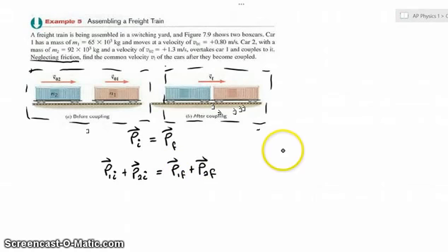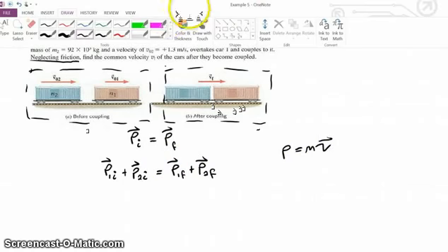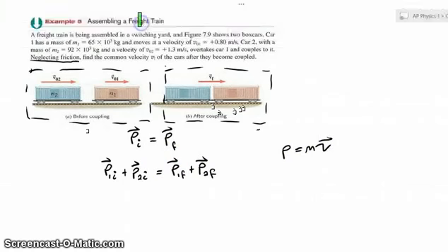And remember that momentum is equal to mass times velocity. They gave us mass 1, they gave us mass 2, they gave us the initial velocity of car 1, and they gave us the initial velocity of car 2.